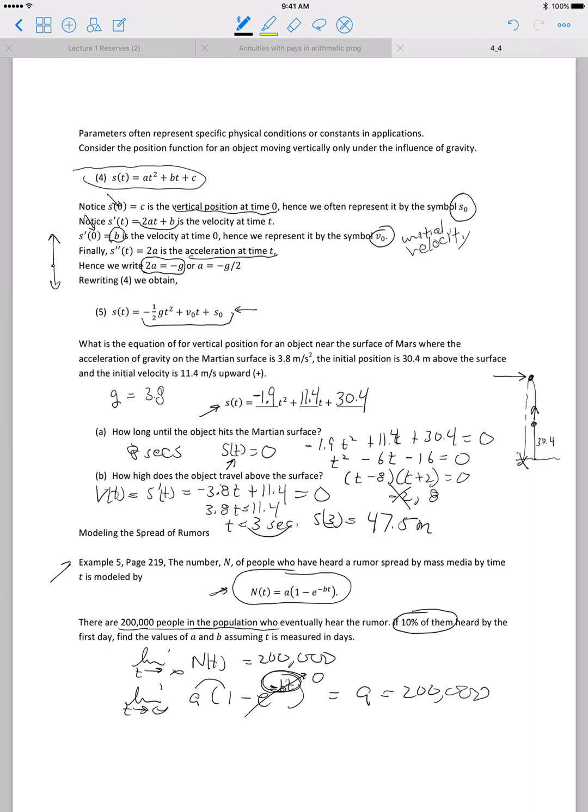So if I let N be 20,000 at time 1, I just set up an equation now and I solve for my missing parameter. So I have N of 1 is 20,000, and N of 1 is also equal to 200,000 times 1 minus e to the minus b times 1.